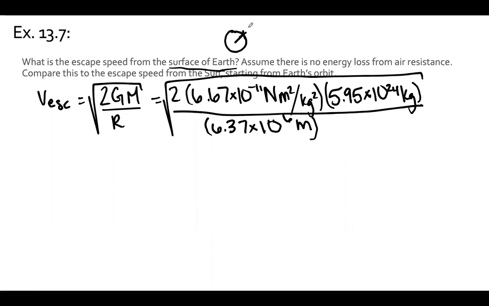Now, if we're in orbit, it's going to be different, right? Okay. So let's go ahead and put this into your calculator.